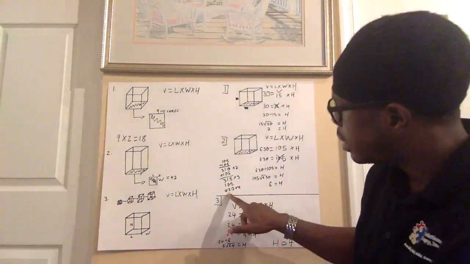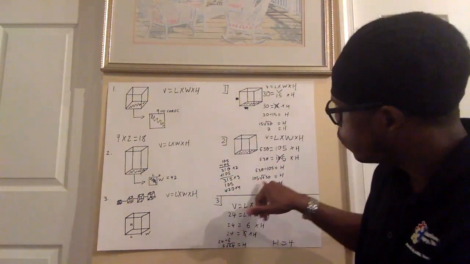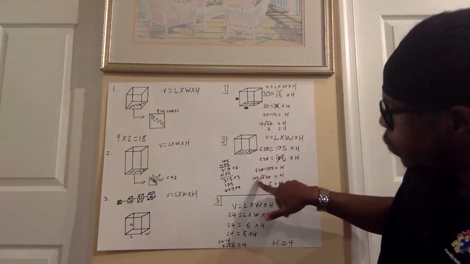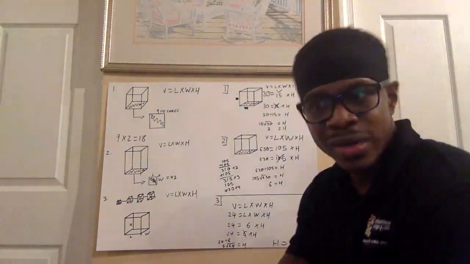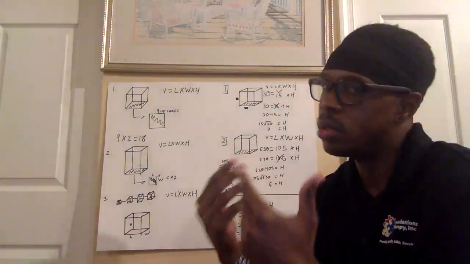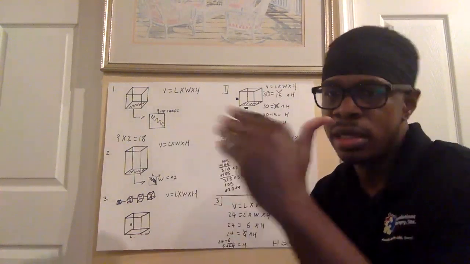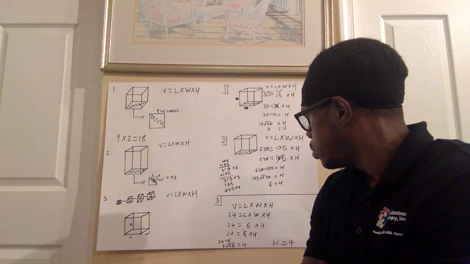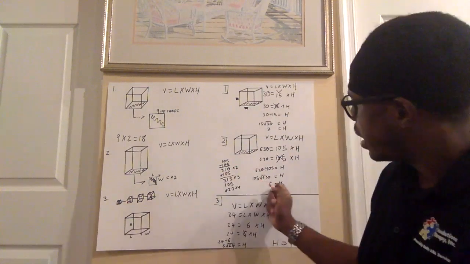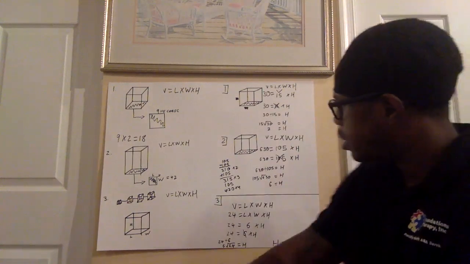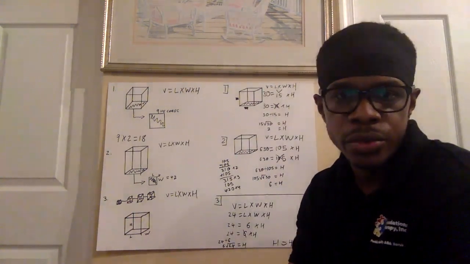So you're going to see that 6 times 105 is 630, or 630 divided by 105 is 6. So again, if you don't like dividing too much, you can always just add and keep adding until you get that number. And then the height should be 6. And then you're done.